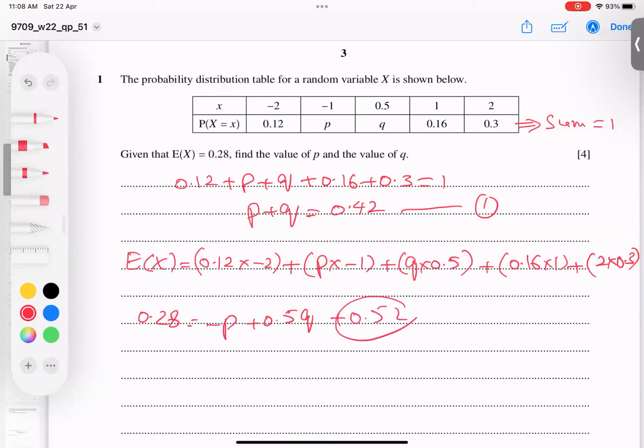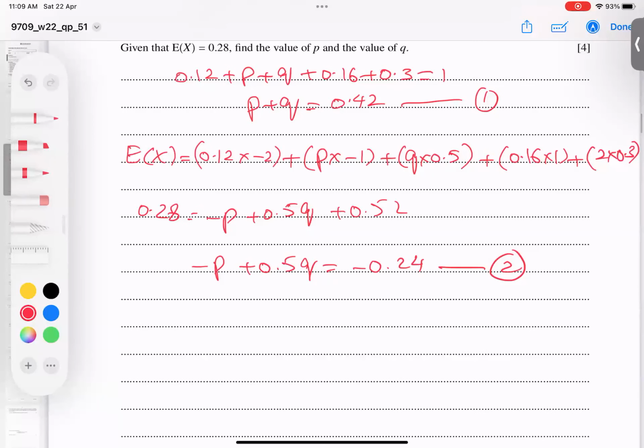So I bring the 0.52 to the other side. It becomes negative P plus 0.5 Q equals 0.28 minus 0.52, which gives negative 0.24. Equation number 2 done.